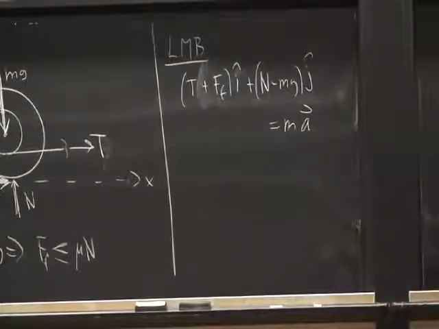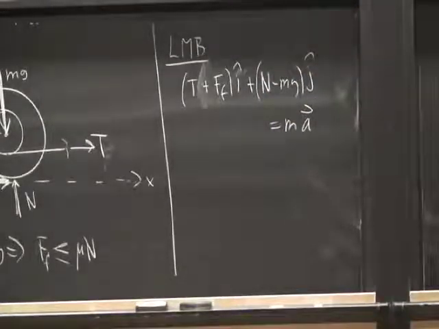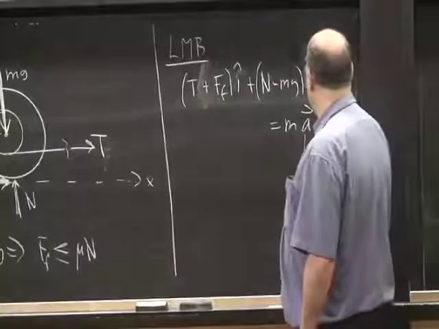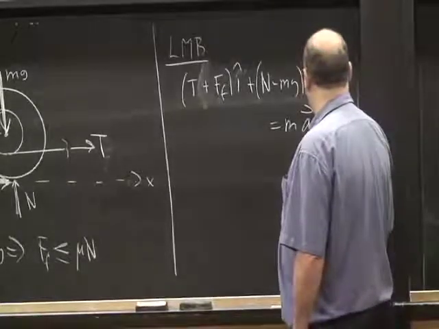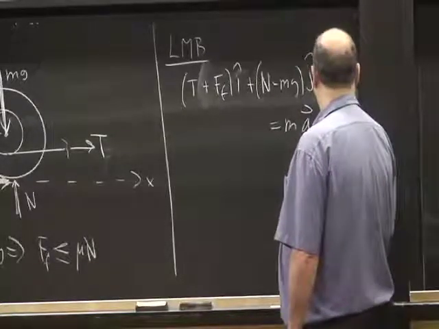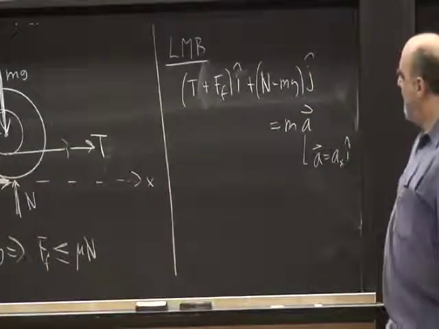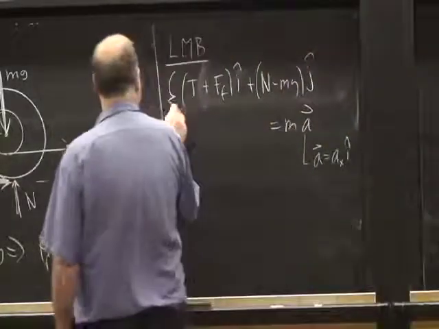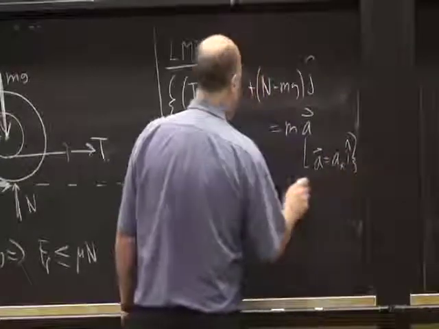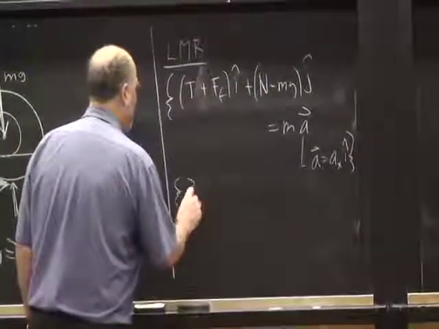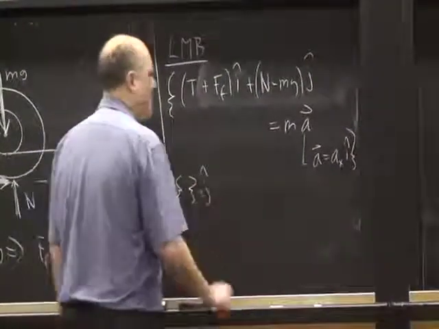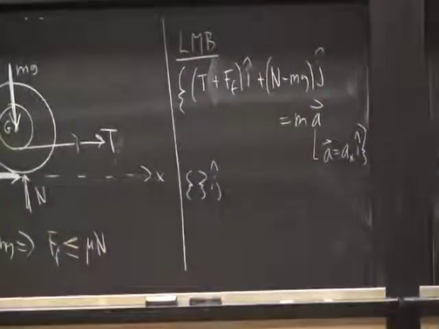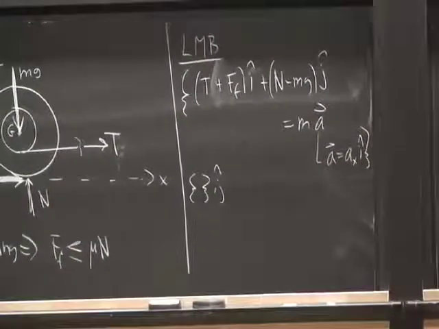If we assume that this thing does not leave the ground, it doesn't fly around, we can assume that this acceleration is equal to a_x i. And then we can take this equation and we can take the dot product with i and j. Even though we think of i as the simpler direction and j as the hard direction, let's just do j first.